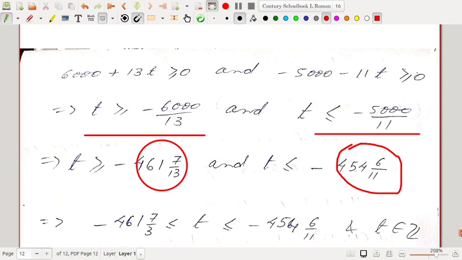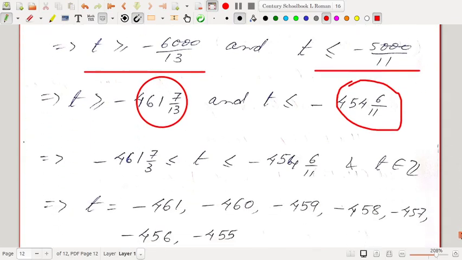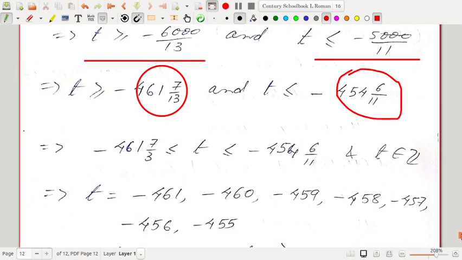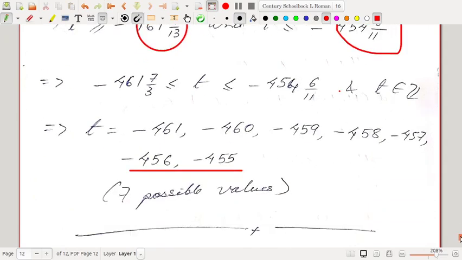So t is an integer which lies between minus 461 point something and minus 454 point something. So t takes the values minus 461, minus 460, minus 459, minus 458, minus 457, minus 456 and minus 455. It doesn't take the value minus 454, because minus 454 is greater than minus 454 point something. So there are 7 values of t which satisfy this.